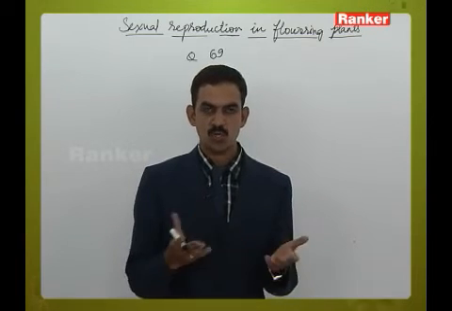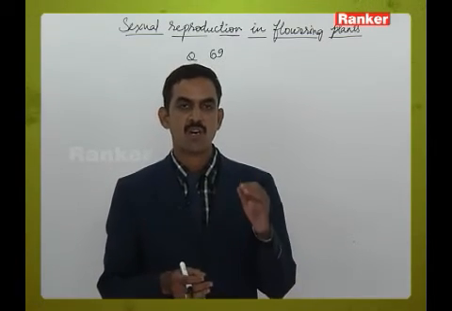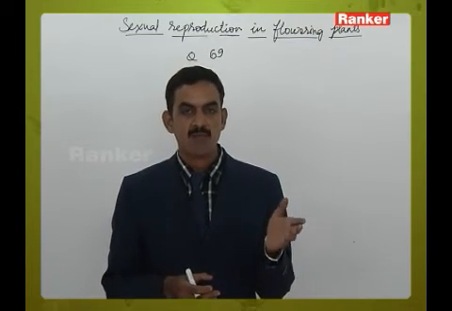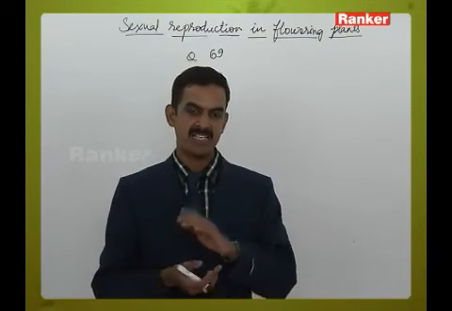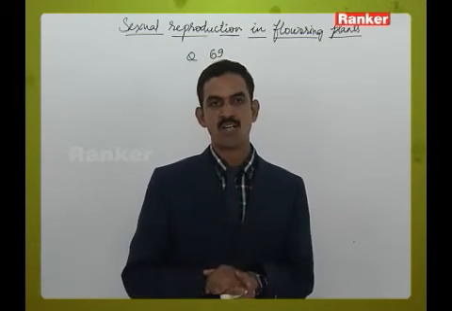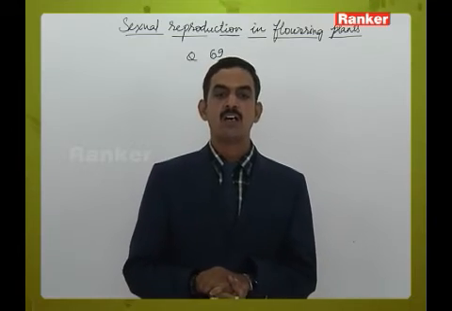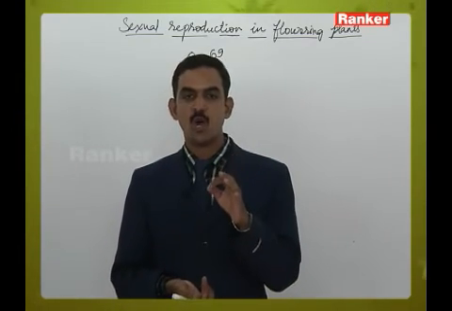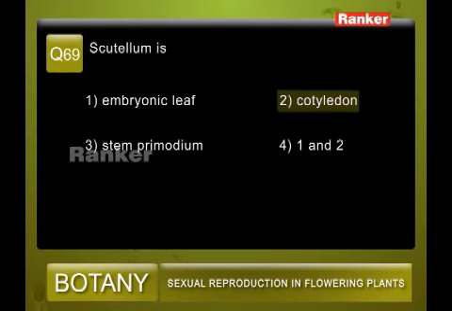Why it is so called means actually in monocotyledonous seeds the food materials are stored inside the endosperm, whereas cotyledons are thin, hard and papery in their nature. So because of that shield like nature, it is called as scutellum. So from the given options we can say that scutellum is called as cotyledon but not embryonic leaf or stem primordium. So question number 69, the correct answer is 2.